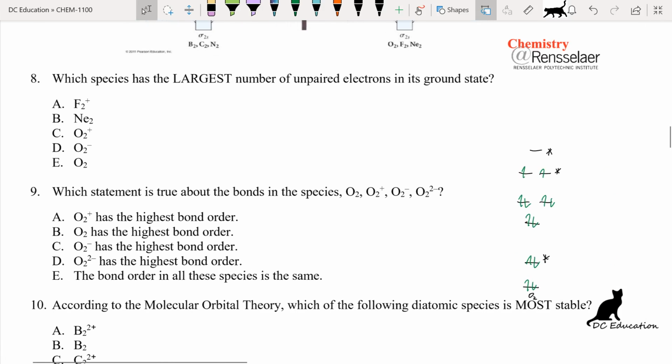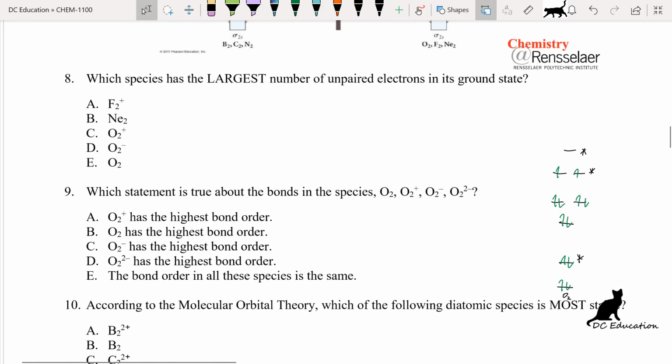The definition of the bond order is: bond order is equal to the number of electrons in bonding orbitals minus the number of electrons in antibonding orbitals, divided by 2.